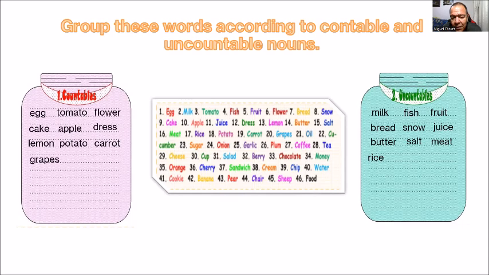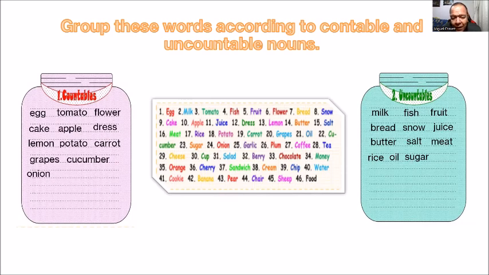Number 21, oil. Uncountable. Number 22, cucumber. Countable. Number 23, sugar. Uncountable. Number 24, onion. Countable.